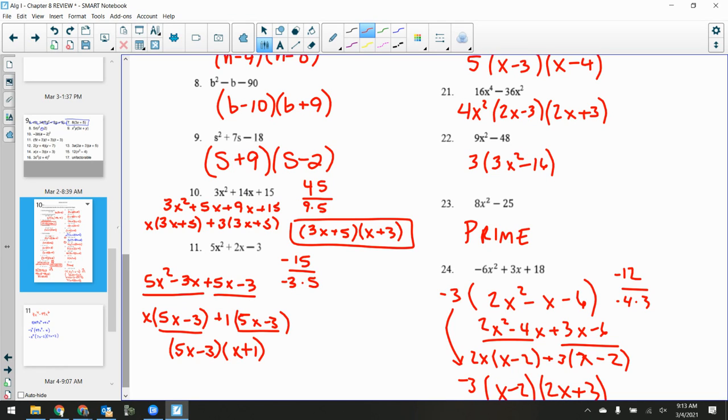6 times 3 is 18. Factors of 18 that add to get to 11 are 2 times 9. So once I know that it's factorable, we arrow down the 2y. That gives me 6x squared plus 2x plus 9x plus 3. We factor by grouping. We pull out a 2x, leaving a 3x plus 1.